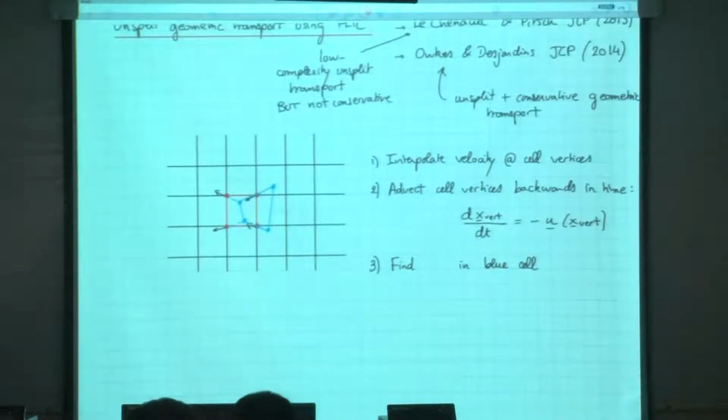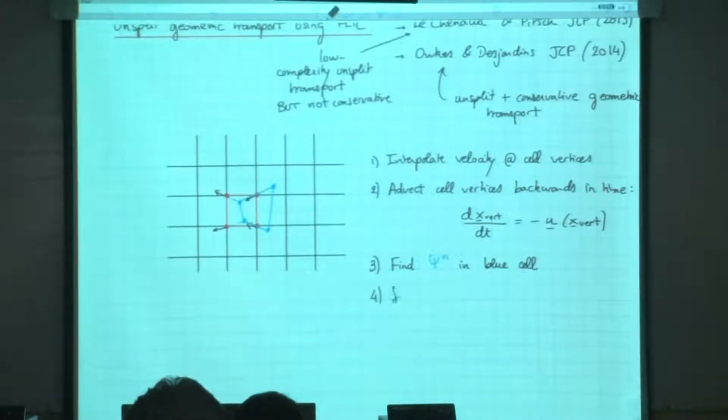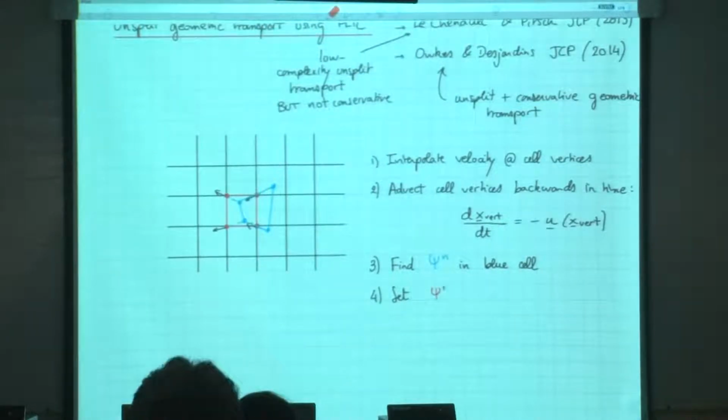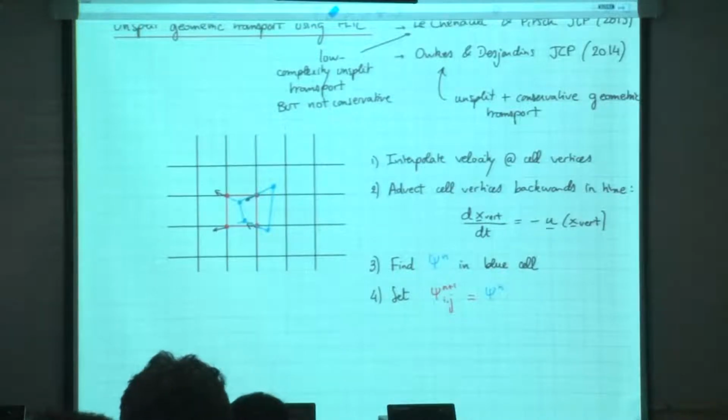And I'll write this, in fact, in blue. And the final step is set my red psi n+1 ij to be equal to that blue value. Okay?